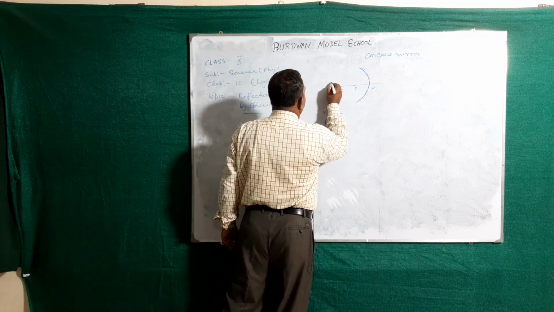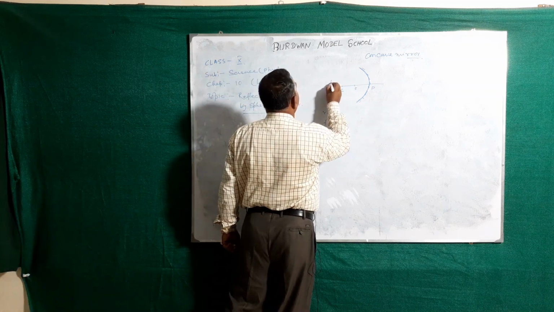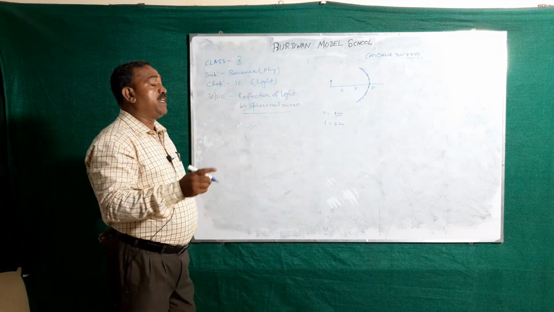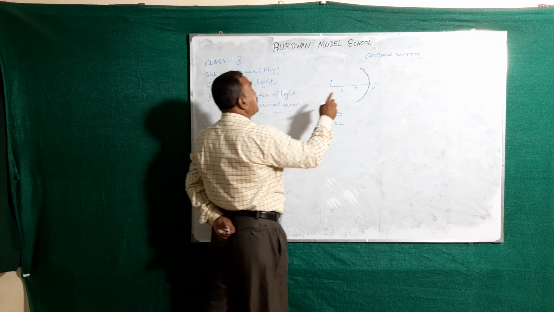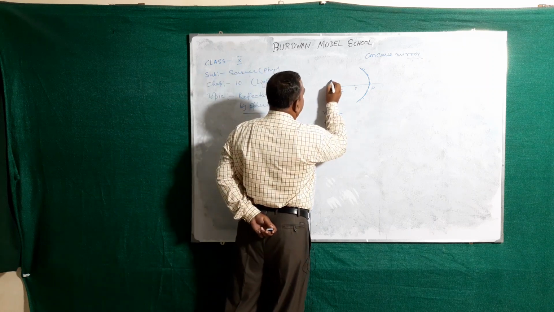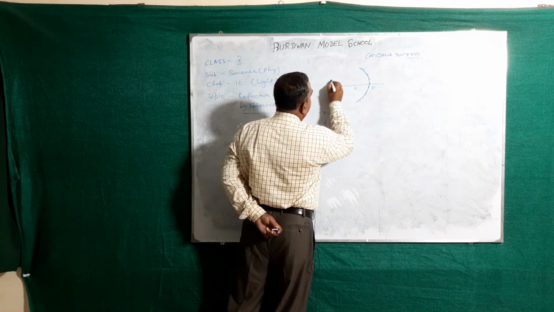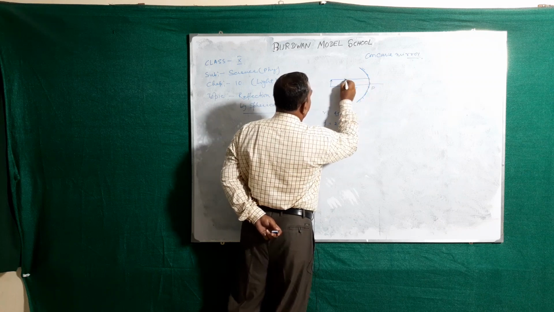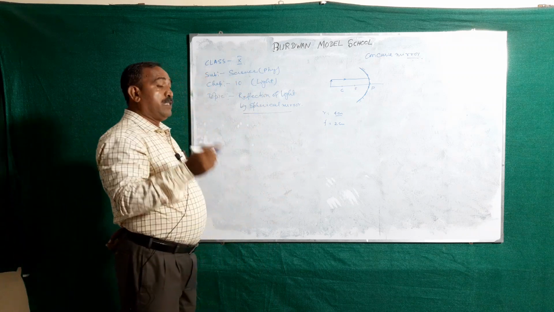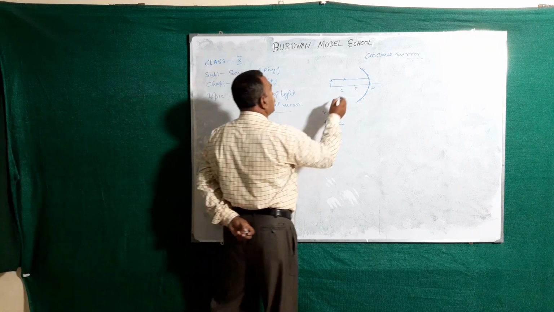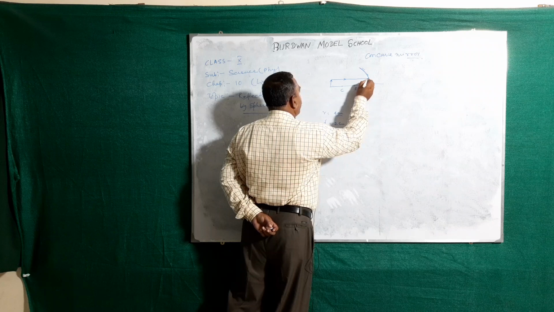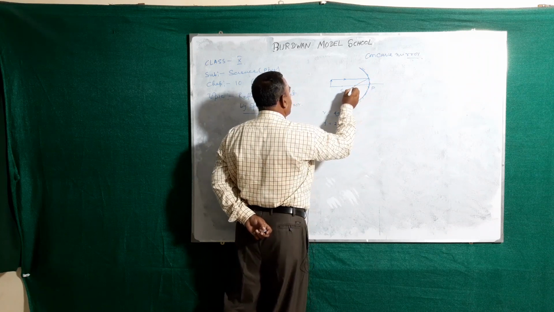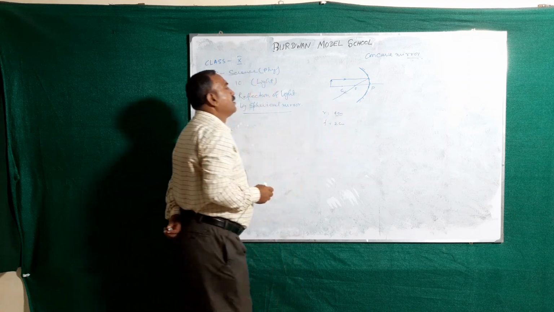If the object is placed beyond the C, perpendicular on the principal axis, first you draw a ray of light parallel to the principal axis. You know from your previous class, the reflected ray passes through the focus.